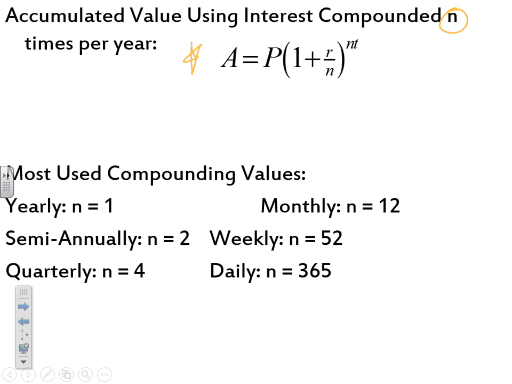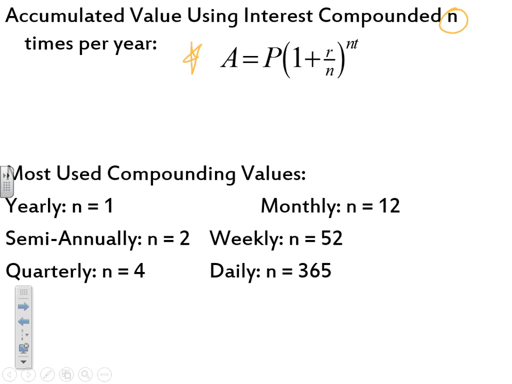This is really going to be used a lot when dealing with interest rates, because there are lots of different ways that we could compound things. We could compound annually, which is 1 time a year. Semi-annually would be 2 times a year. Quarterly would be 4 times a year. Monthly would be 12 times a year, and so on.